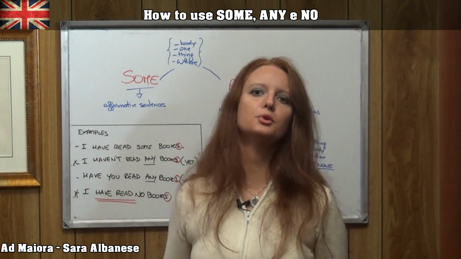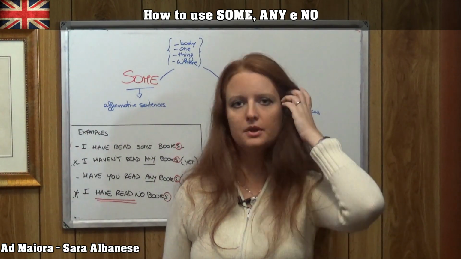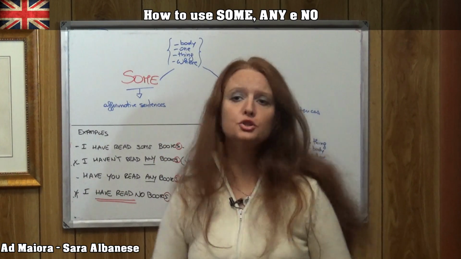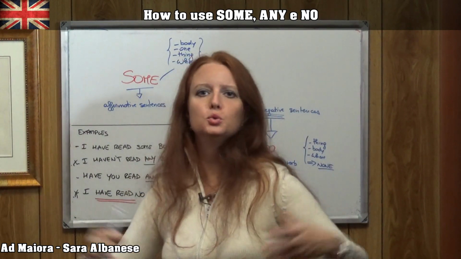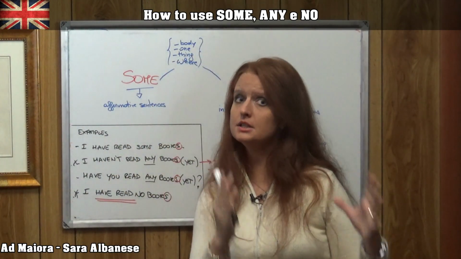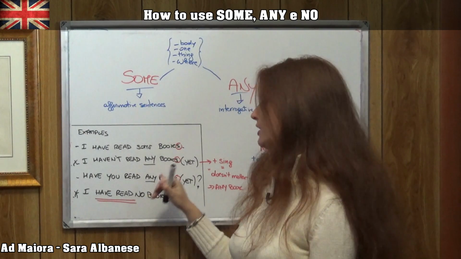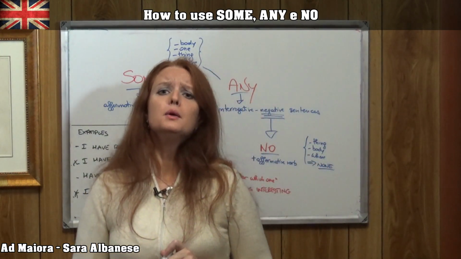Also in this case, this is a present perfect. I can also change the tense. It could be, did you read, or do you read, or will you read, or would you read. It doesn't really matter. This is an interrogative sentence, so I have any. This is quite easy.